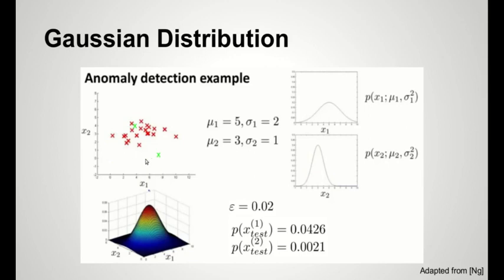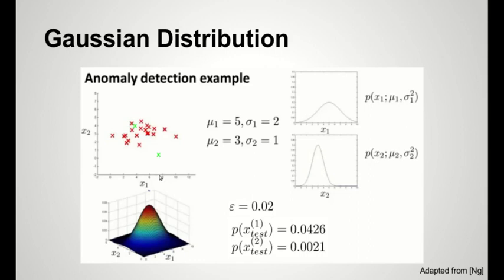Okay, let us put this in more formal terms. What would we want to do to flag an anomaly? First, we would choose features that we thought might be indicative of anomalous examples, and we would fit parameters.